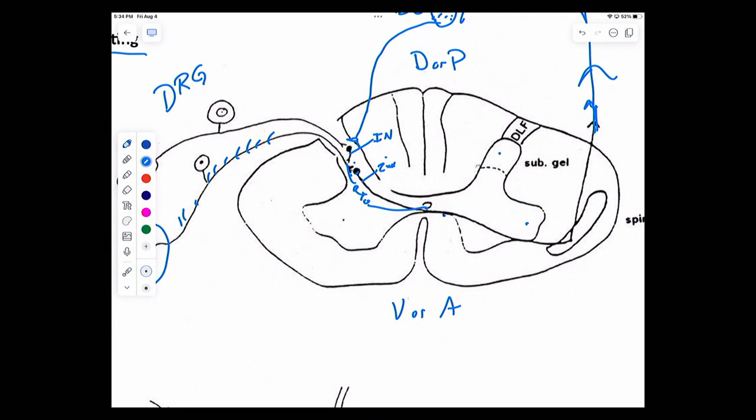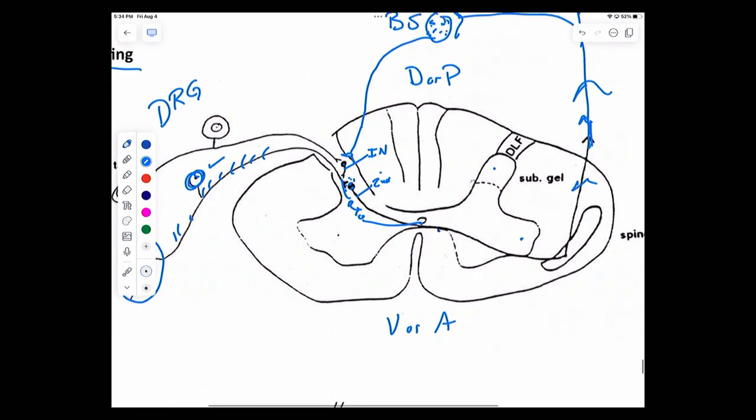This interneuron is actually going to be releasing neurotransmitters on the presynaptic terminal of this neuron here. And when it does that, it is going to inhibit the activity of this neuron here, causing a reduction in the neurotransmitters released here, which in turn causes a reduction in the signal going up to the brainstem.